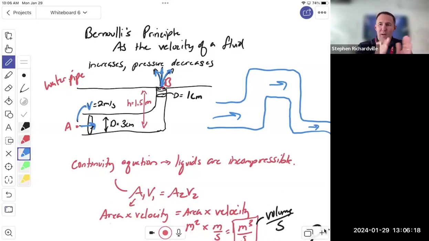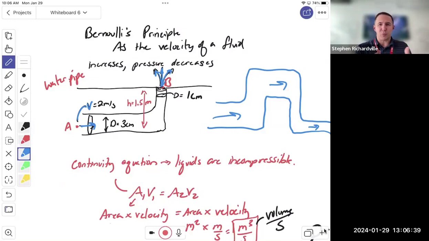Why? Because it can't really bottle up too much. If you've ever put your thumb over the end of a hose, if you cut the cross-sectional area in half, the velocity of the water has to double. It has to, because the same volume of water has to pass a point every second.